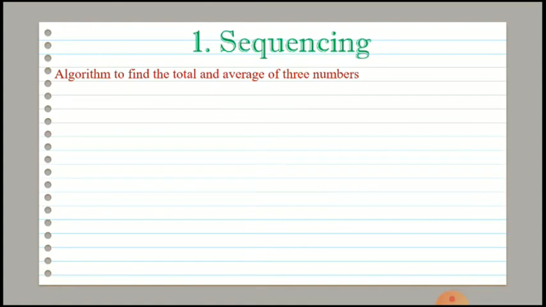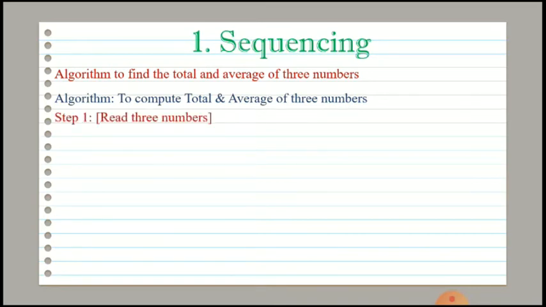In the algorithm, first we have to write the title of the problem, that is, to compute total and average of three numbers. Then in the first step we have to take three inputs. Suppose n1, n2 and n3 are the three inputs.